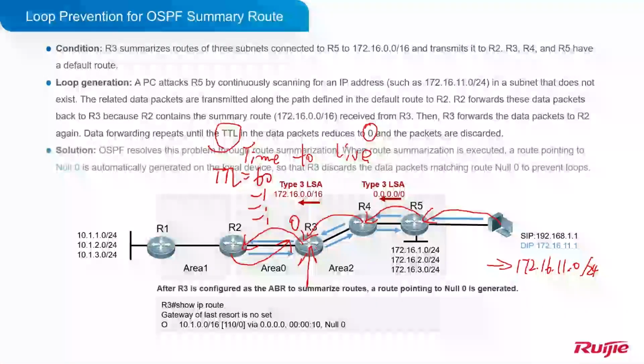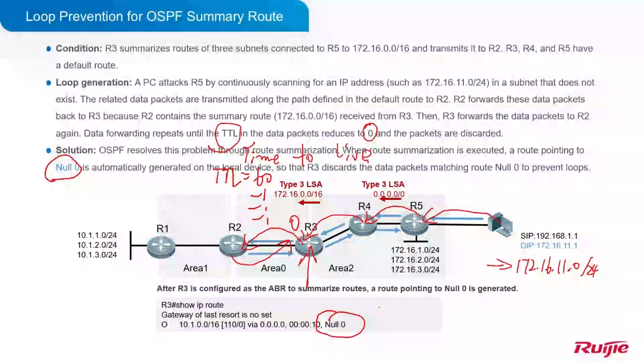So we can see the solution. The solution is that if we do the summarization on the device, the route will be generated on the device, but the route actually points to Null0. So what does this mean? Here we use show ip route, and we can see the Null0 route, right?